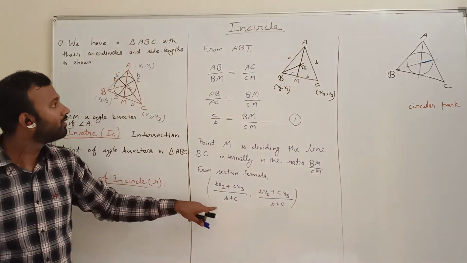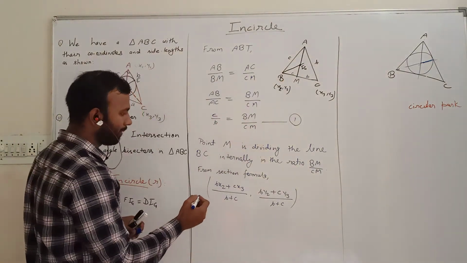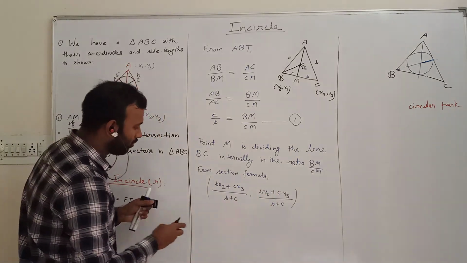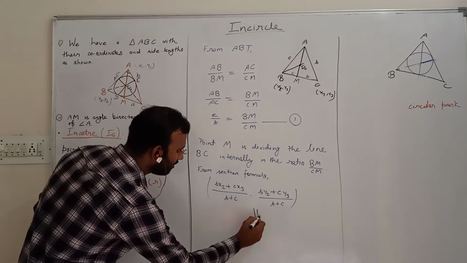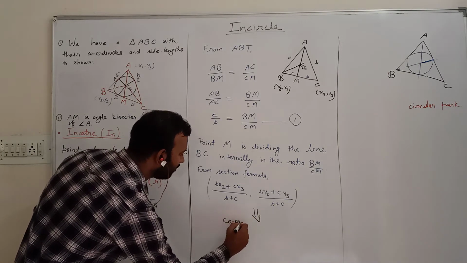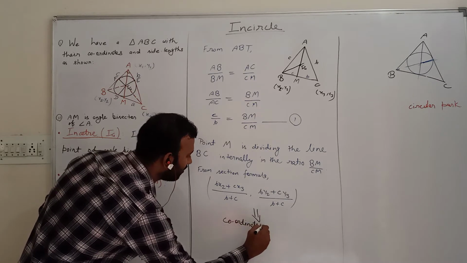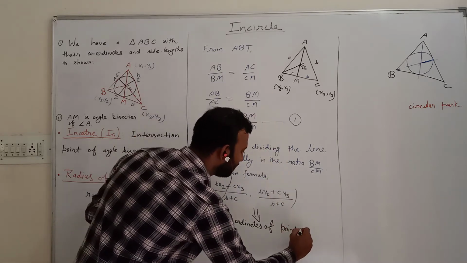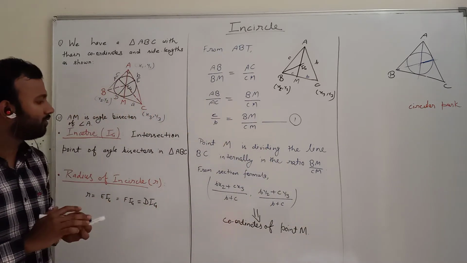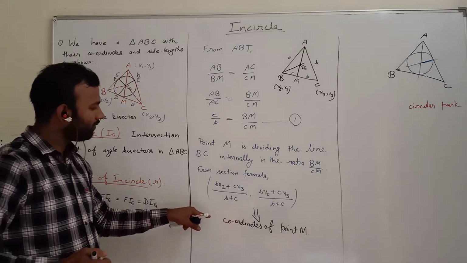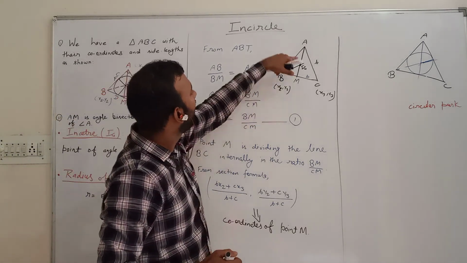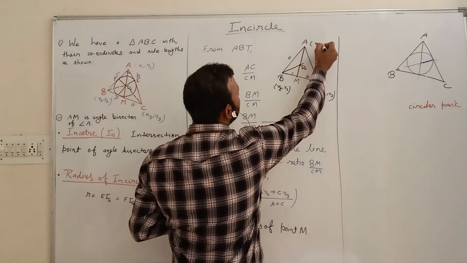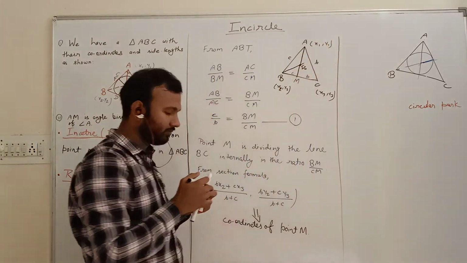This is the coordinates of point M. Now we have the coordinates of point M, and also we have the coordinates of A, which is (x1, y1).